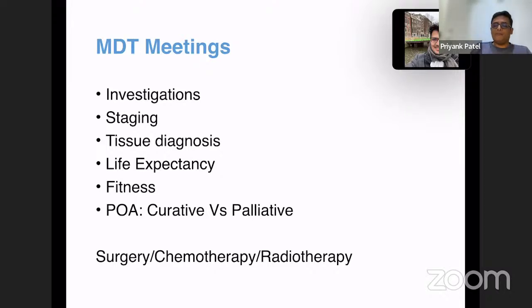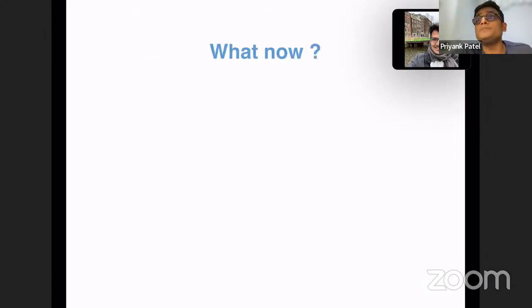And then finally, you come up with a treatment plan where you're going to offer the patient either a curative treatment or a palliative treatment. Curative treatment means your target is to remove the tumor from the body and not cause recurrence. Palliative treatment is where you are not intending to cure the patient, you want to make them comfortable till the very end. And after this, you come up with a plan of either surgery, chemotherapy, or radiotherapy.